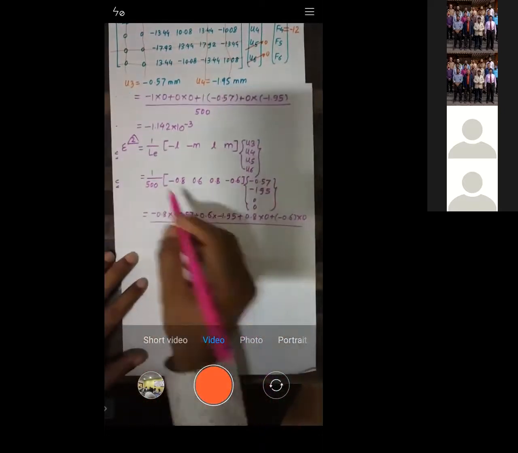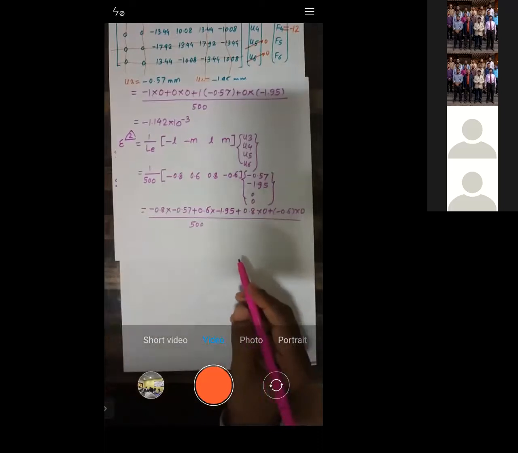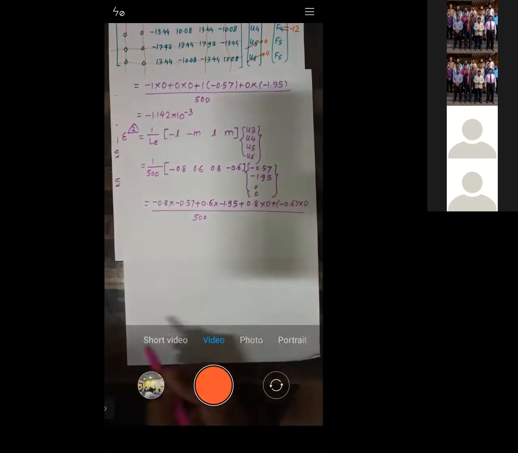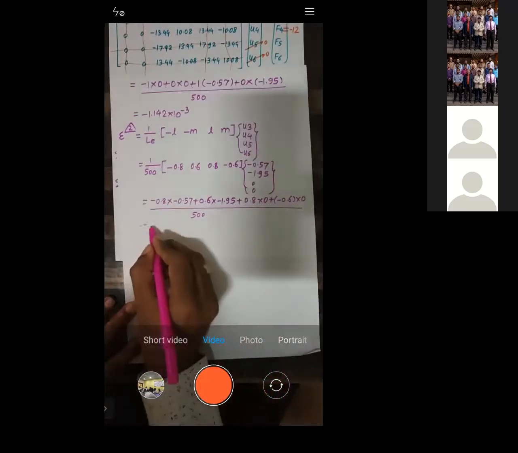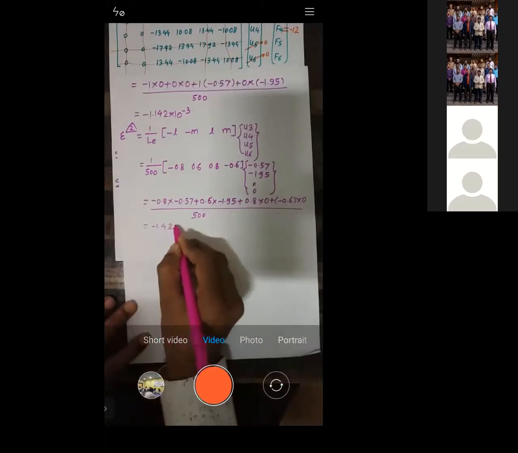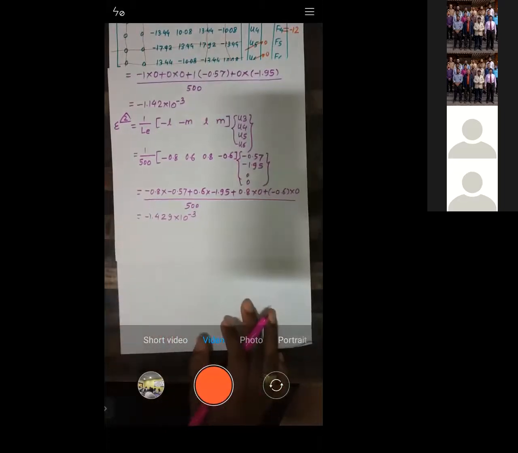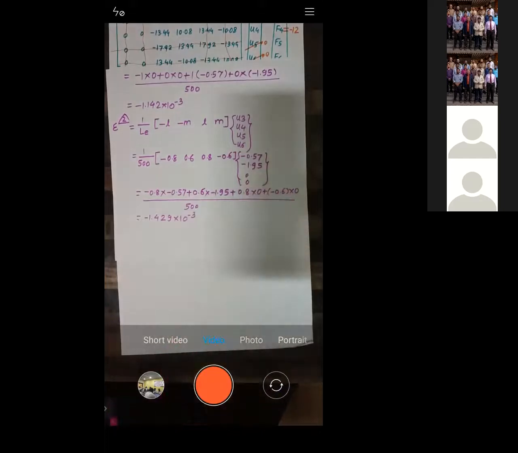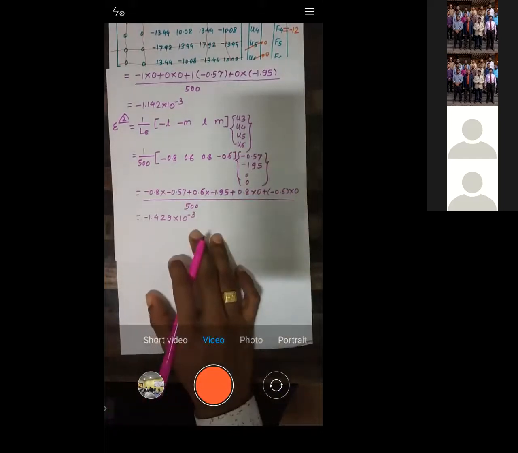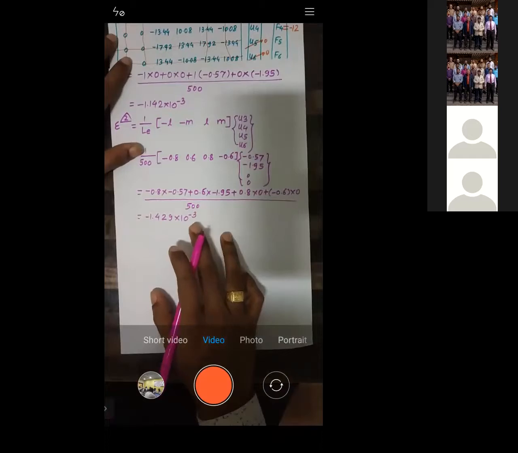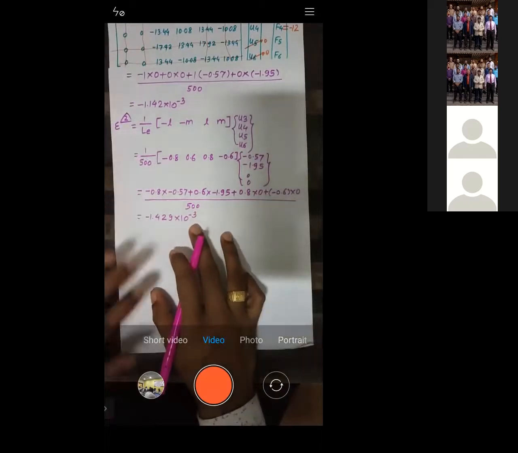When we calculate this term, it will come as minus 1.429 into 10 raised to power minus 3. It is a simple calculation, I will not spend time doing that.